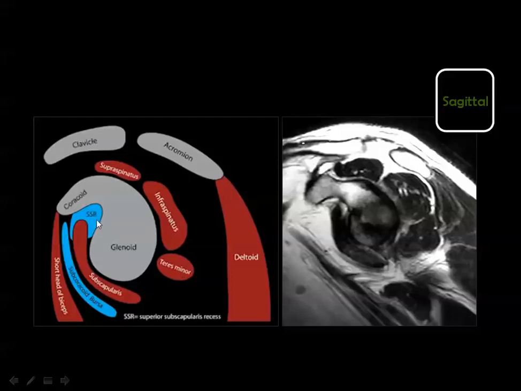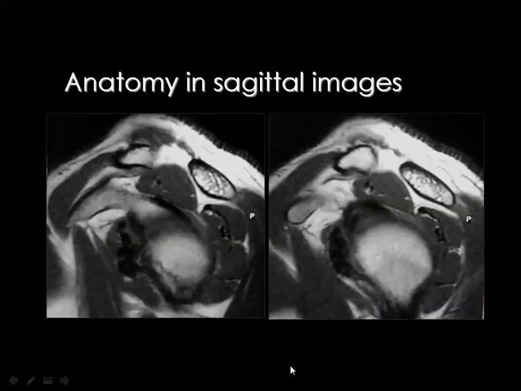But the subscapularis bursa is located outside the subscapularis muscle here. And the subcoracoid bursa is located outside the subscapularis muscle, as you can see here, and you assume that the subcoracoid bursa will be located in this anatomic site.